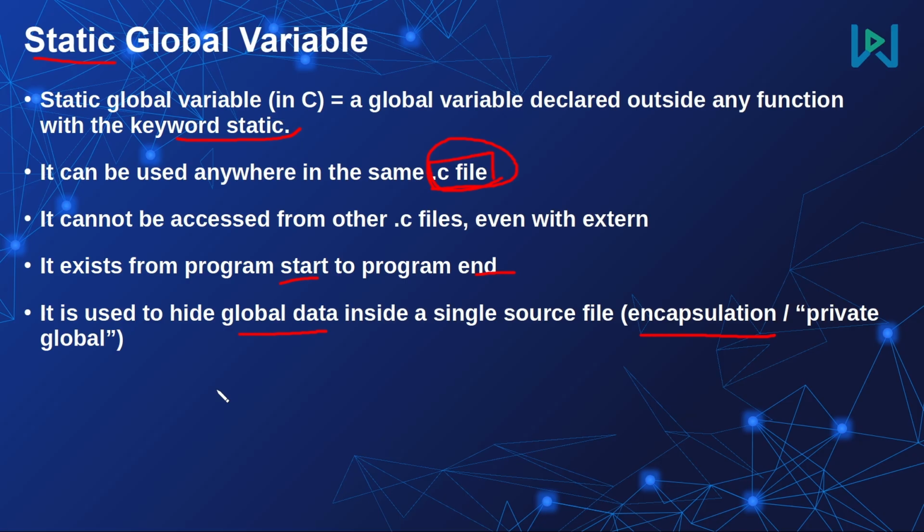Hence, they are hidden from outside C translation units. And by translation unit, we mean the different C files that get compiled and try to import those static global variables. Such an import, of course, will fail because those static global variables are hidden and limited in terms of scope to the C file that declares them.